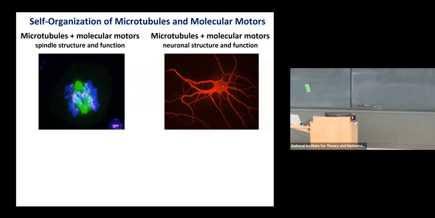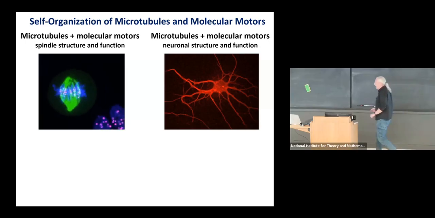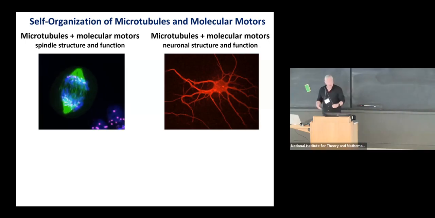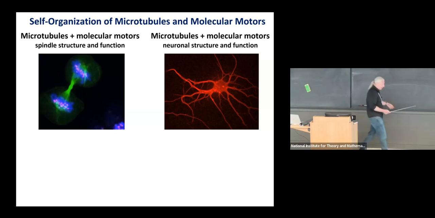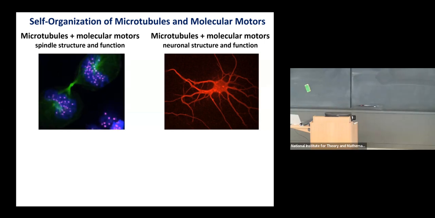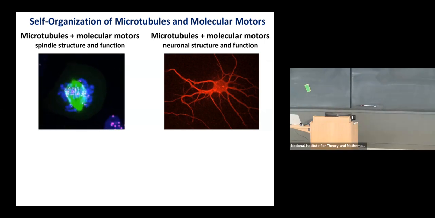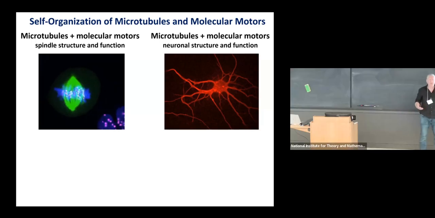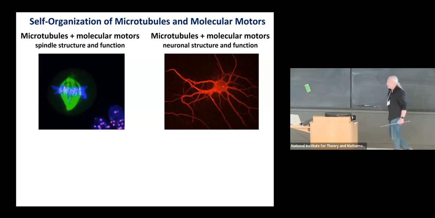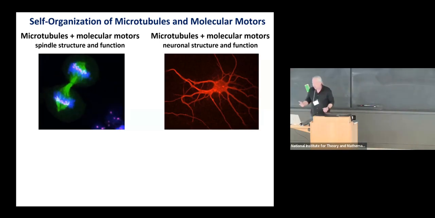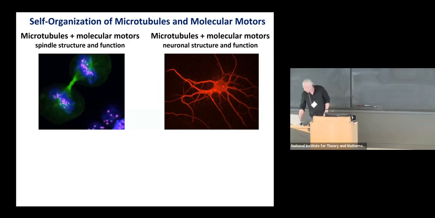Axons and dendrites are filled with bundles of microtubules. The assembly and self-organization of microtubules is very different in spindles and neurons, but they contain very similar components. Even many of the same motors and cross-linking proteins are important in both of these systems.